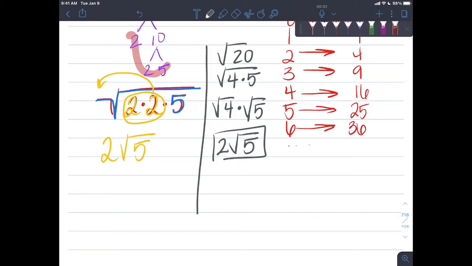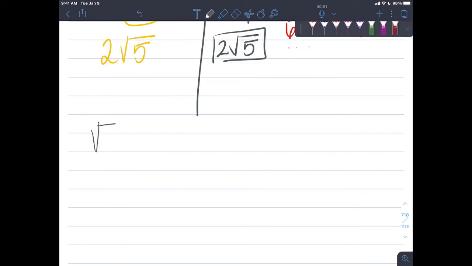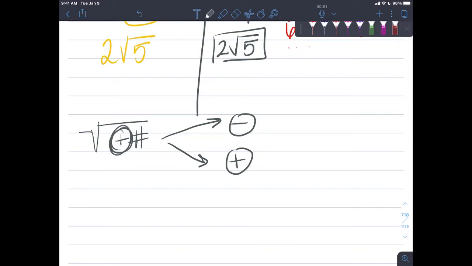However, the way that we're using it today is something very interesting called a discriminant. I'm not going to jump into that yet, but what I am going to say is this: the square root of a positive number gives me two answers, one negative, one positive. The square root of 0 gives me one answer, 0.